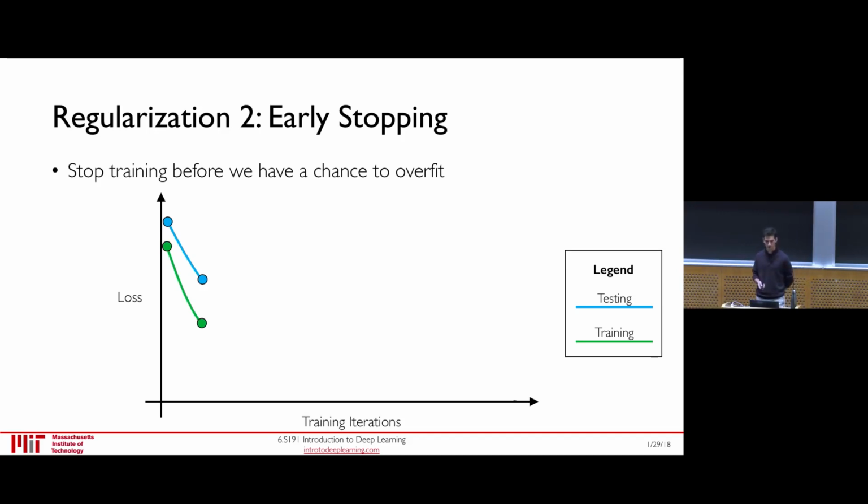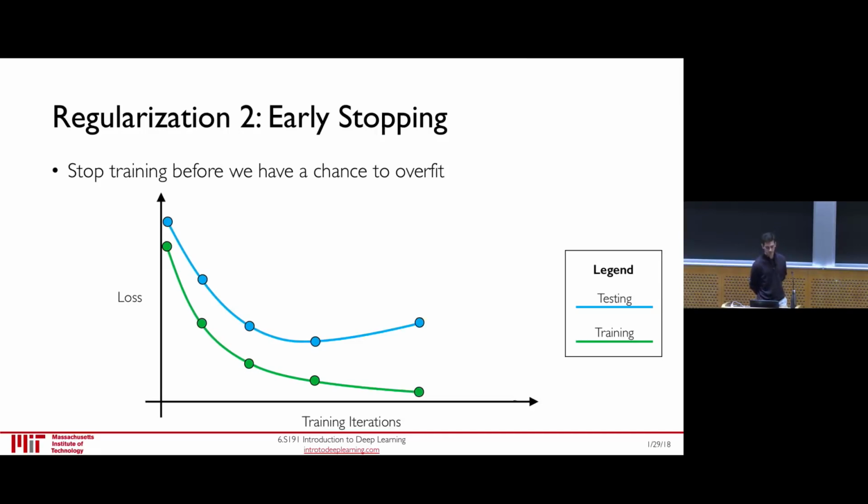So we can plot this curve where on the x-axis we have the training iterations, on the y-axis we have the loss. Now they start off going down together. This is great because it means that we're learning, we're training. There comes a point though where the loss for the testing data set starts to plateau.